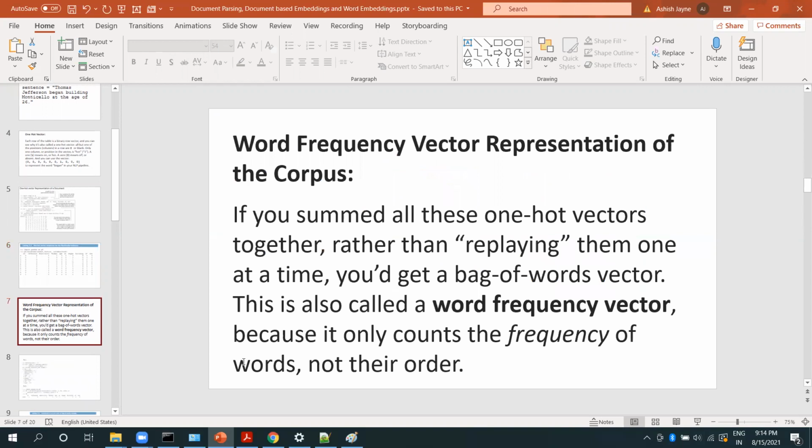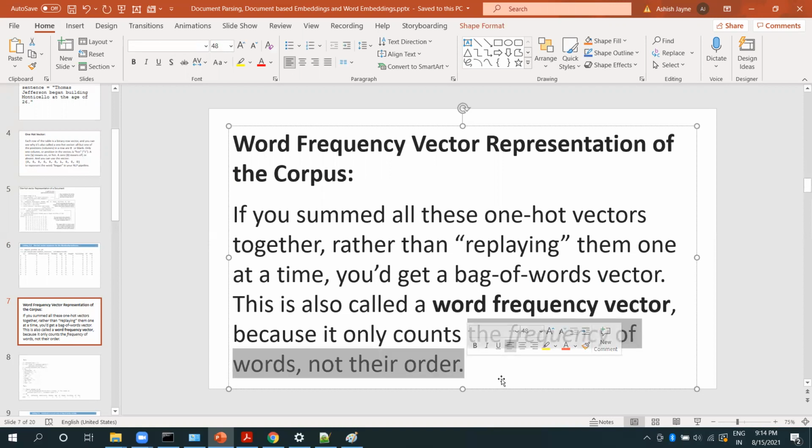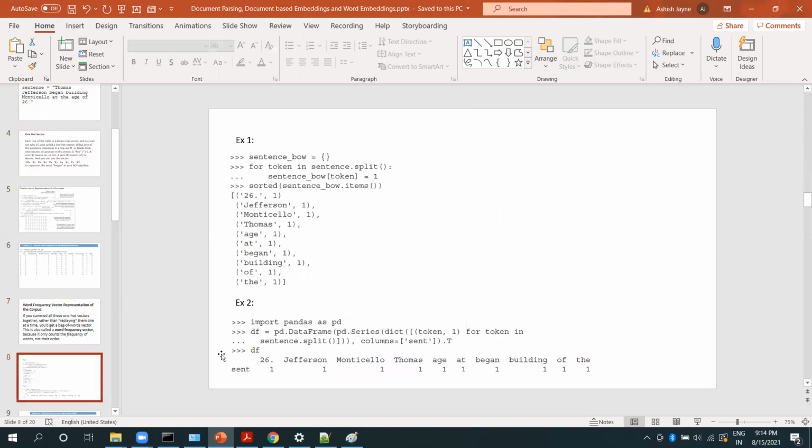Now, the way to reduce that problem of overflowing memory and huge amounts of space requirement, we came up with the idea of bag of words vector, which is essentially we are only bothered about the word frequency of the words and not their order. So the next vectors that we are going to create will only consider the frequency of the words and not their order.